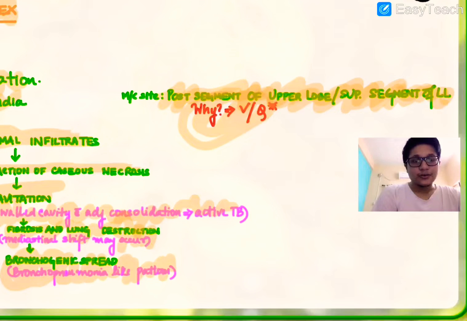The perfusion is low, and even the ventilation is low, but not so low as the perfusion, and so a large amount of oxygen will be available for the bacteria to survive and multiply. So that is why the ventilation perfusion ratio is a very important factor determining where the secondary tuberculosis will occur.